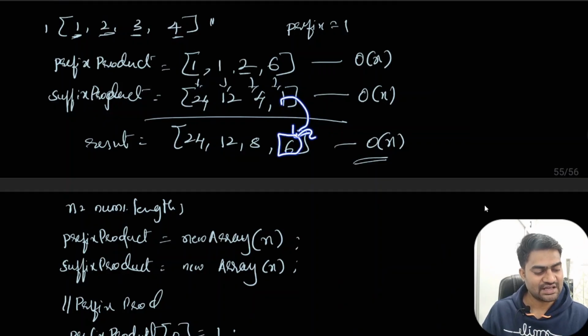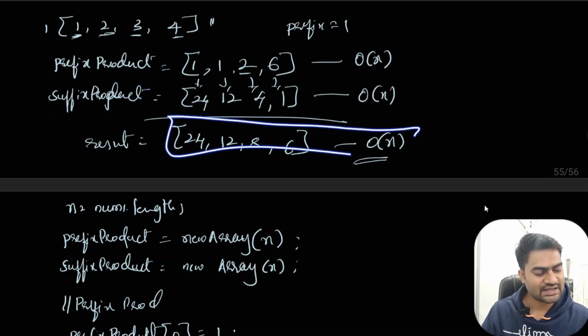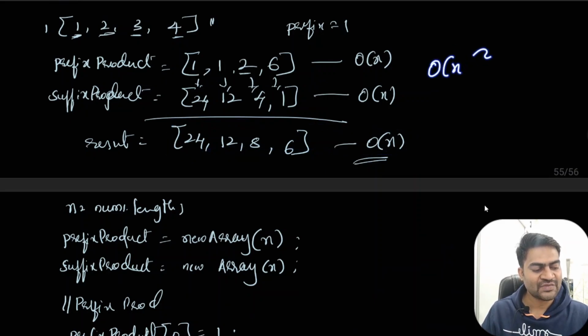It means the prefix product will already be available there. If you multiply with this, then you will get the actual product. So this way we can avoid 2 separate arrays and also avoid 1 extra iteration. So our time complexity will boil down to O of 2n and our space complexity will be O of 1, considering this results array will be treated as in place.